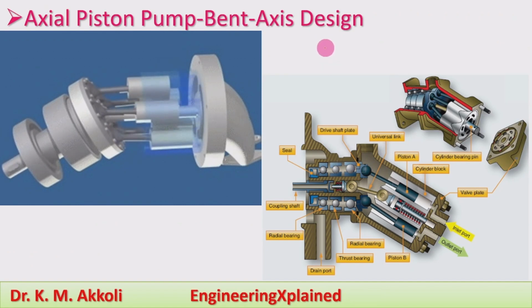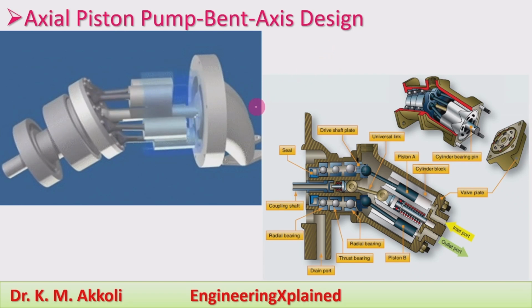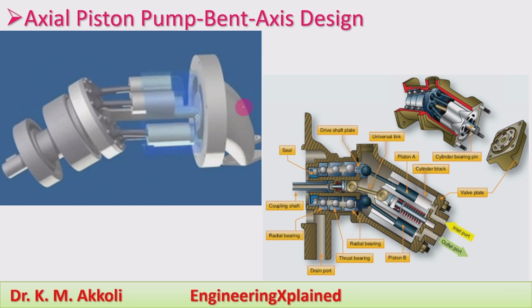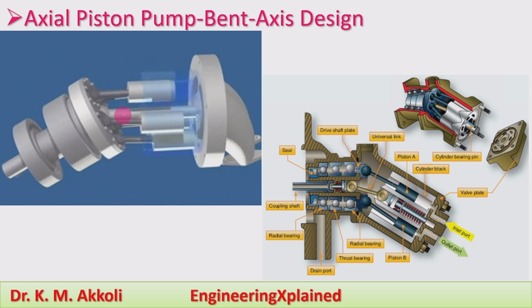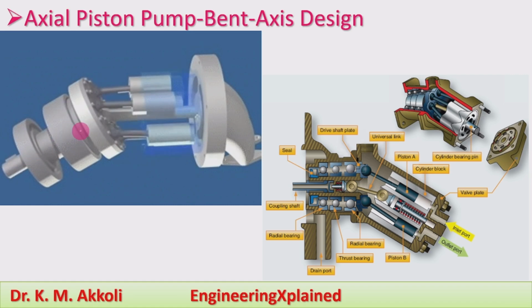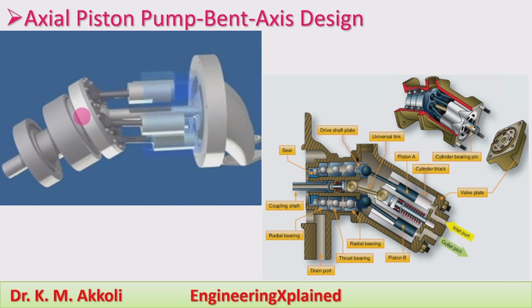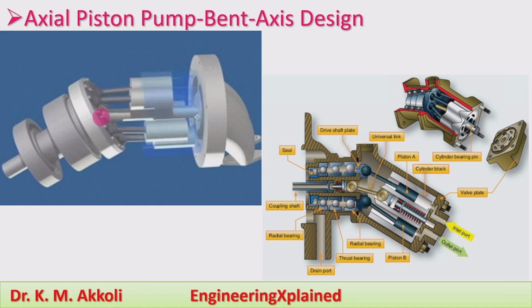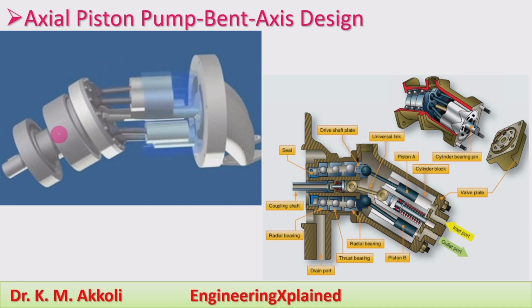Bent axis design means the input shaft and the output shaft, which are connected, have some angle in their connection. Here the pump is fixed, and this is the horizontal axis, and this is the rotating shaft, having some angle with that one, that is the bent axis.